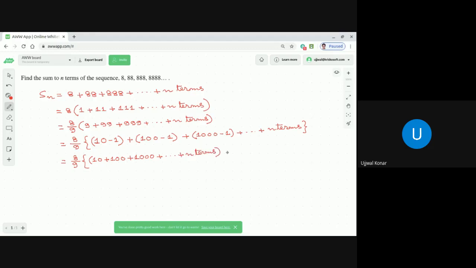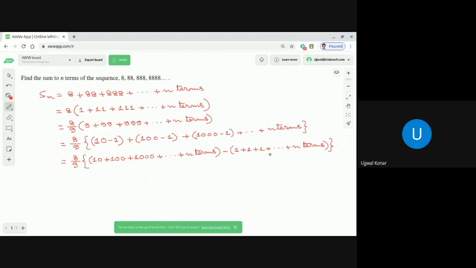Then minus 1, minus 1, minus 1 up to n terms. That means if we take the minus common, it is 1 plus 1 plus 1 up to n terms. Correct or not, dear students?